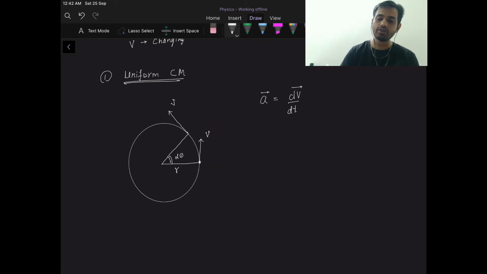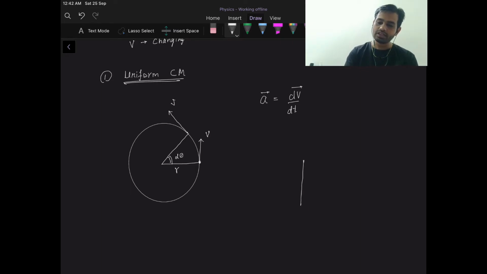So we have to find final velocity minus initial velocity, because we need to determine dv. Change in velocity will be equal to final velocity minus initial velocity.